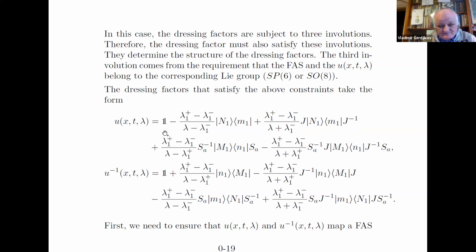So we have 4 singularities in the dressing factor. For U, these are the points lambda 1 minus and minus lambda 1 minus, lambda 1 plus and minus lambda 1 plus. When we calculate the inverse, the singularities come again at the same points: lambda 1 plus, minus lambda 1 plus, lambda 1 minus, minus lambda 1 minus.